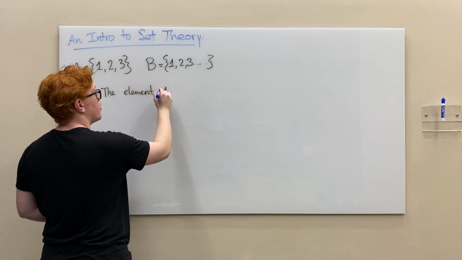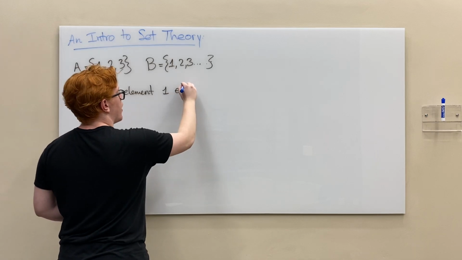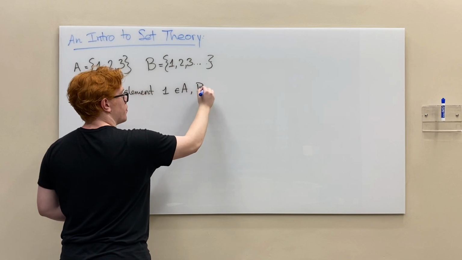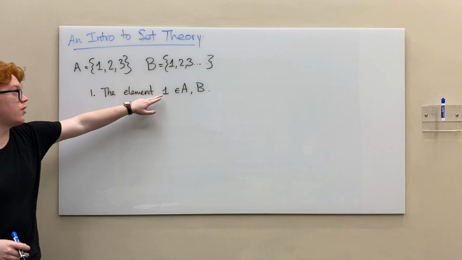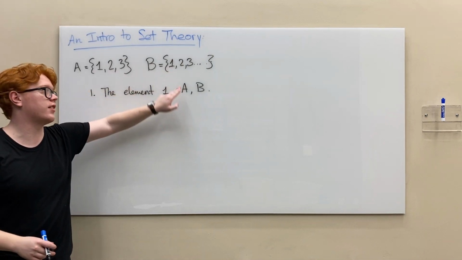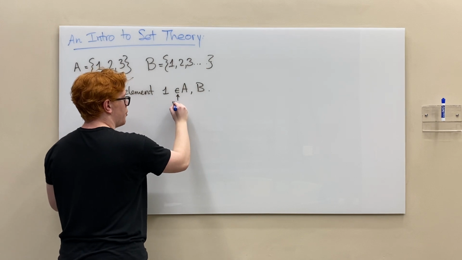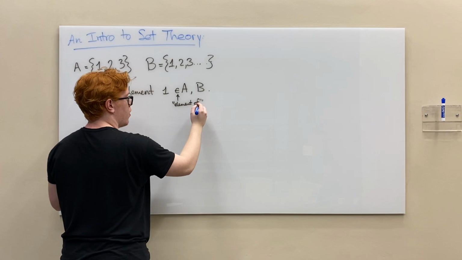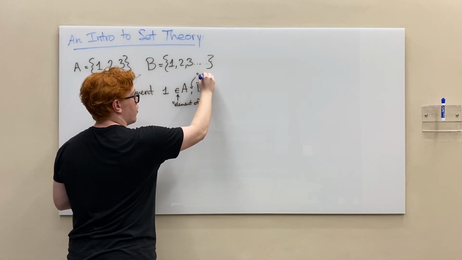Element 1 is an element of A and B. So you have your element 1, which is in both sets. This is how we say it. We say element of, and then this comma is used for and.